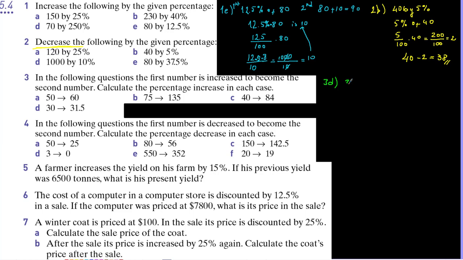From 30 it is increased to 31.5 units. This can be meters. The increment between these two is equal to 1.5. So I have to find 1.5 is how much percent of 30.